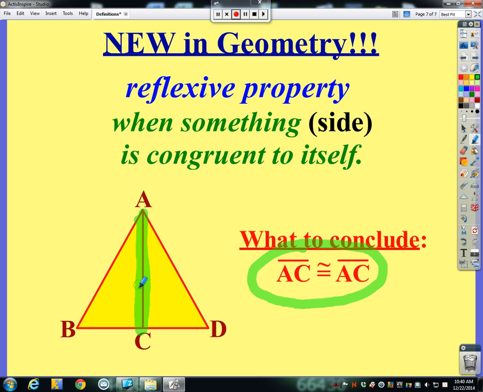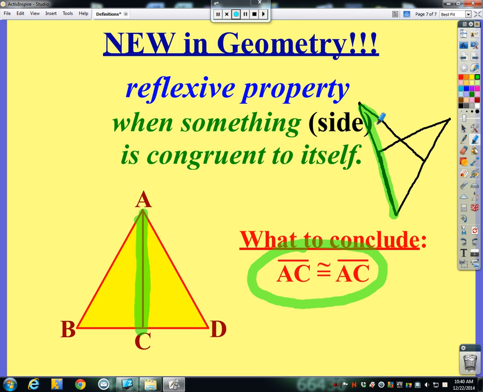And so we have this side, and again, I would say 99% of the time, we're going to use the reflexive property in terms of sides. Very rarely you can use the reflexive property in terms of angles. Basically, if you have 2 triangles that share the same angle. And it's kind of tricky to draw, but let's say I have this triangle, and then let's say I have this triangle.